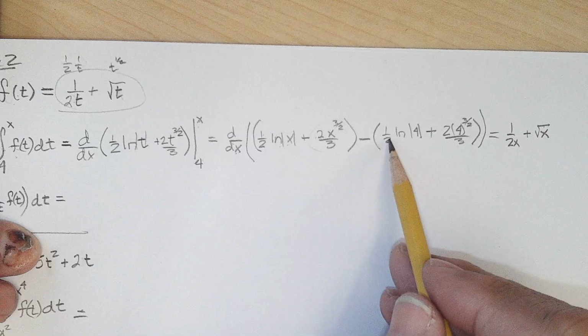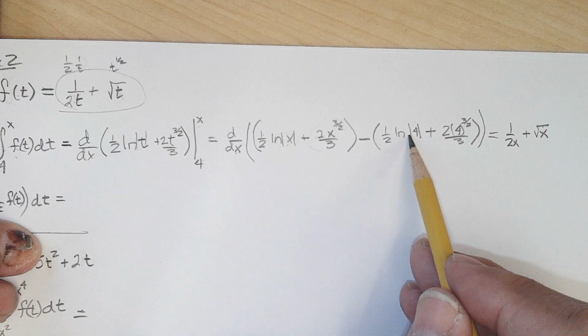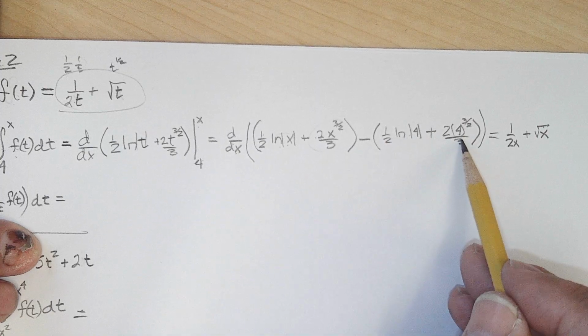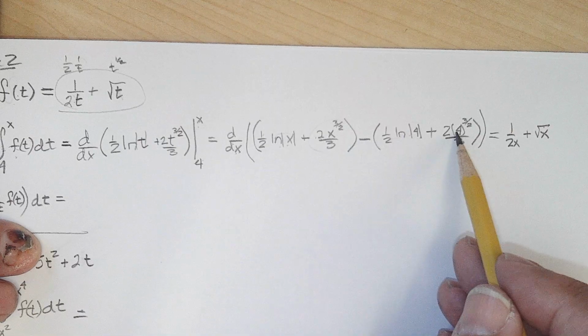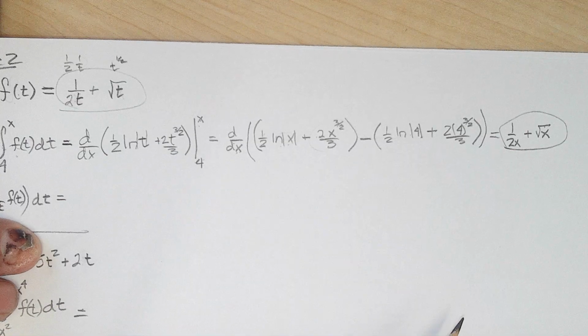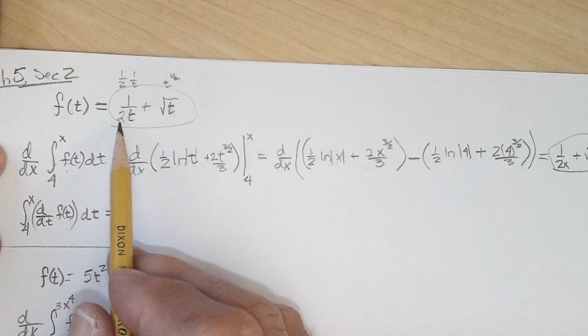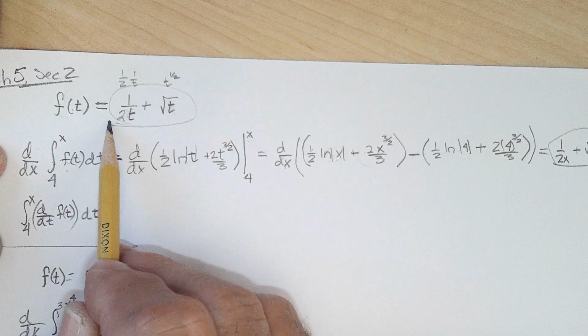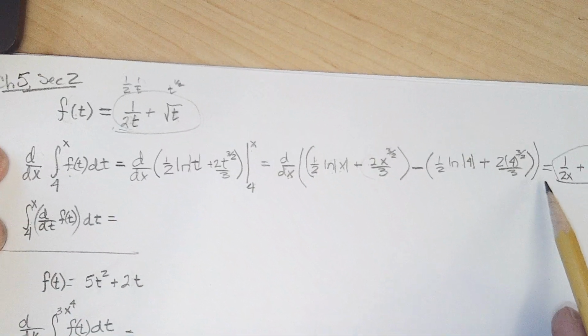And then the derivative of that, that's a constant. Derivative of that, that's a constant. And so we get 0 and 0, and so we're subtracting 0, so we get this, which looks like the original thing with x put in place.